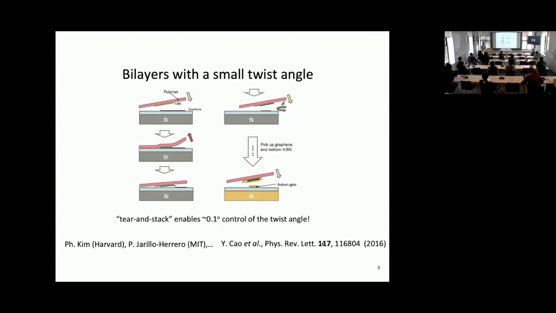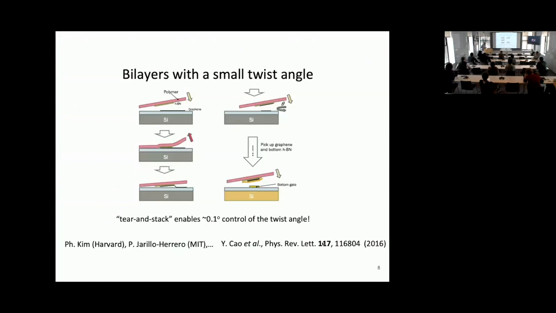So you can twist the top half with respect to the bottom half by an arbitrary twist angle, and put it down again, and you have this twisted bilayer or multilayer. This is called tear and stack. And it enables what my colleagues tell me is control of the twist angle to a thousandth of a degree these days.